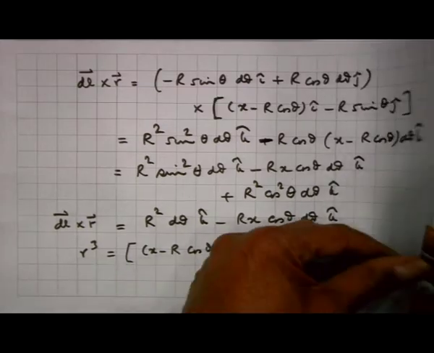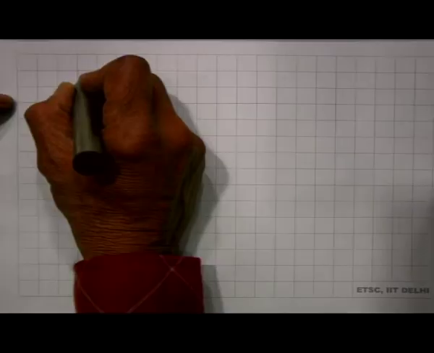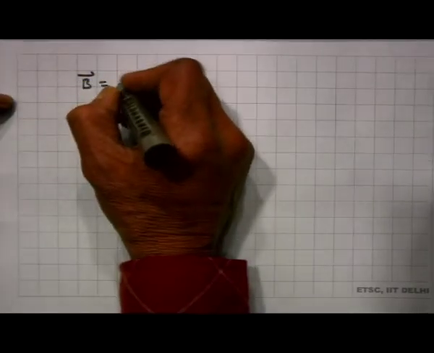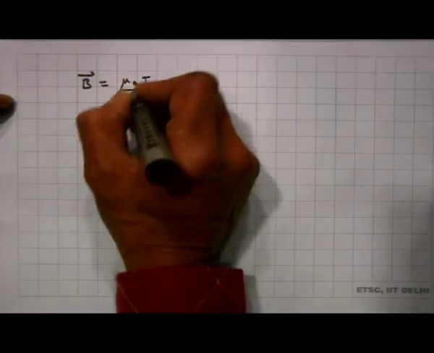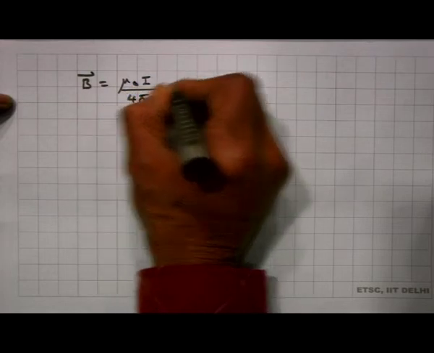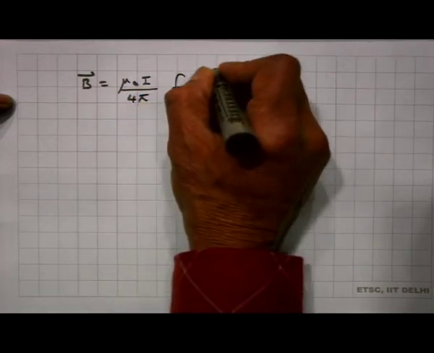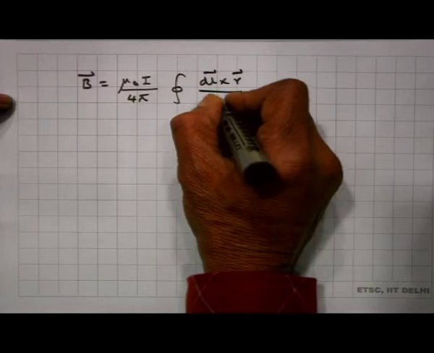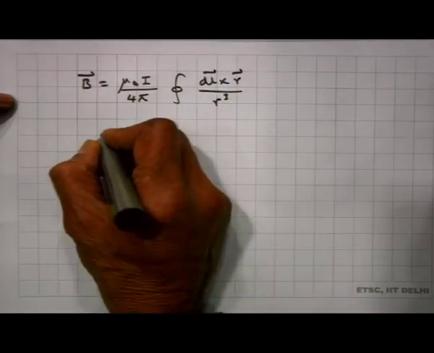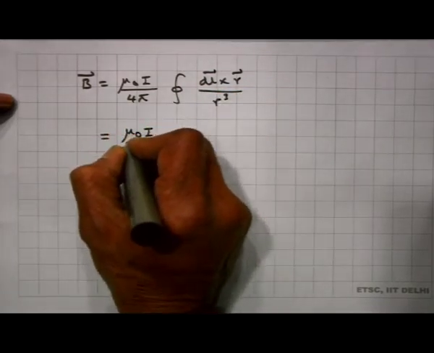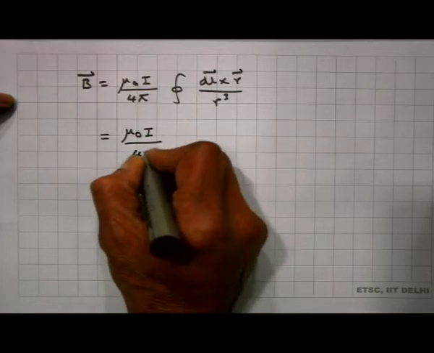Let me substitute both of them into the Biot-Savart law to get the magnetic field. So, B is equal to, remember the Biot-Savart law, mu 0 I by 4 pi integral dl cross r by r cube, which is equal to mu naught I by 4 pi.